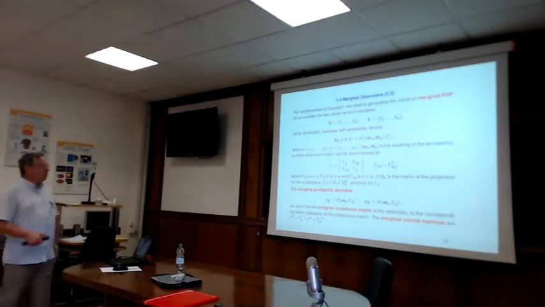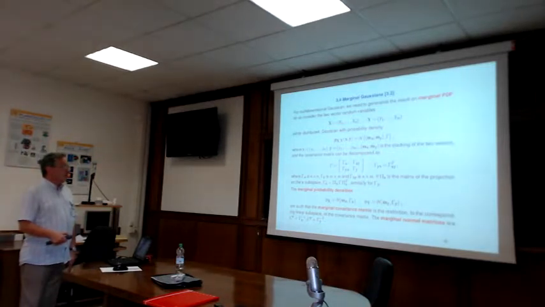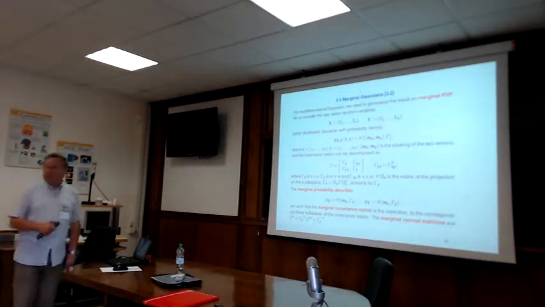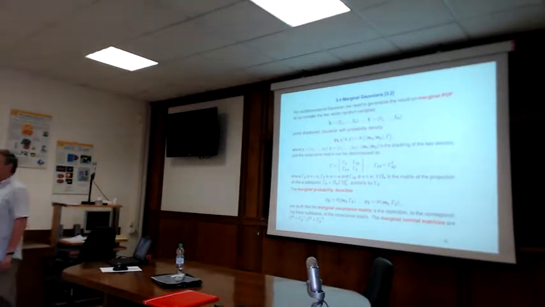Now, the interesting thing is that gamma x is the marginal covariance matrix. That is, the marginal probability density of the variable x is normal with mean, the mean of x, and covariance matrix, the submatrix of the full matrix. And the same for y.